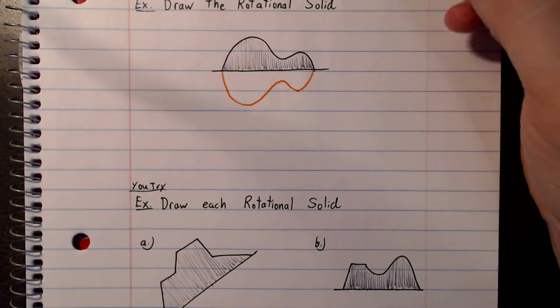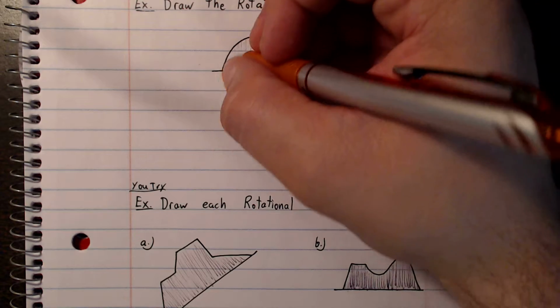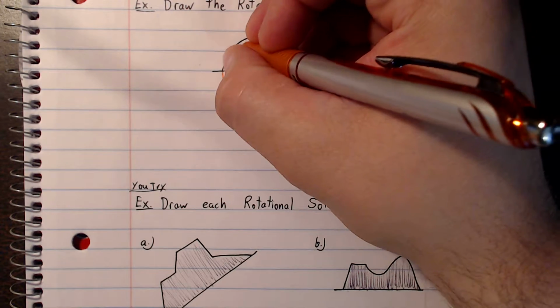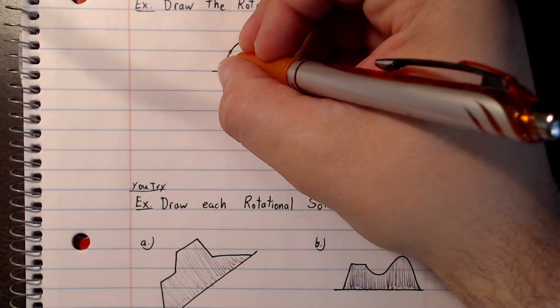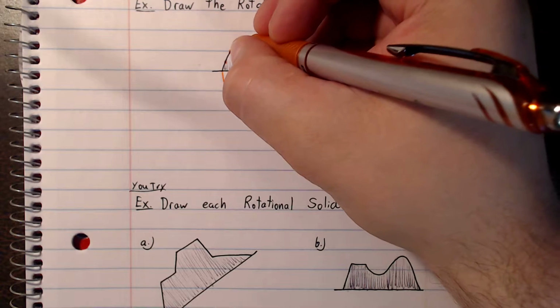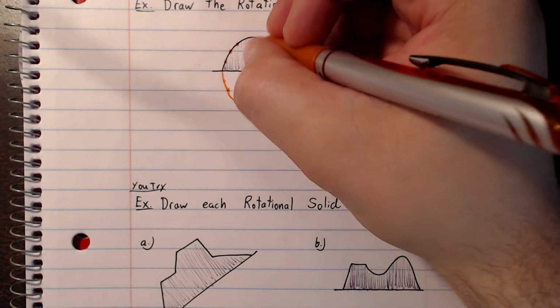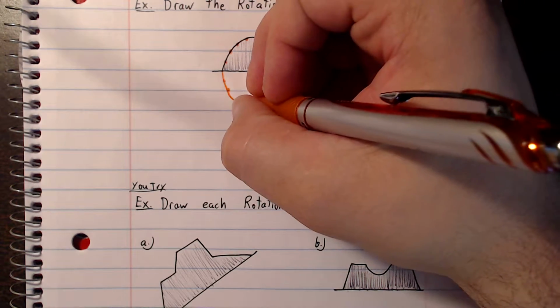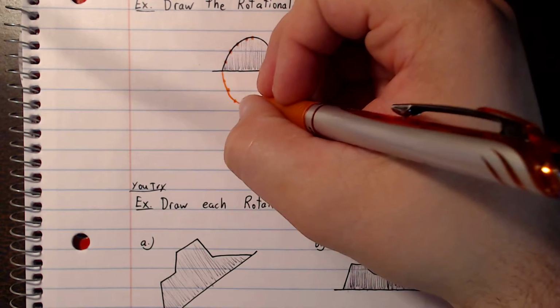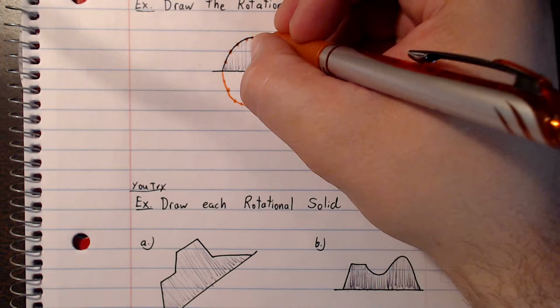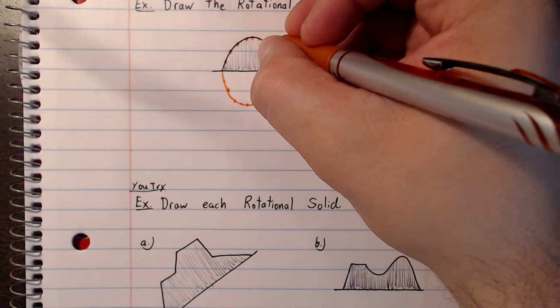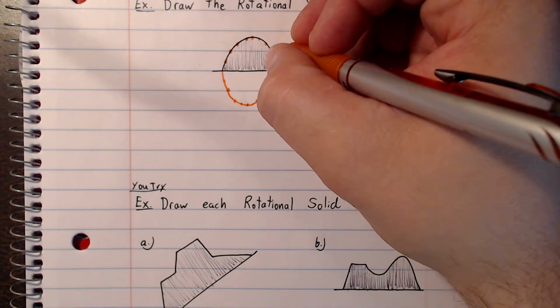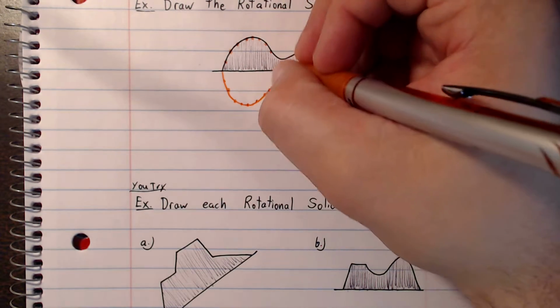Again, not perfect, but pretty close. Okay, I have some critical points. I can see those lining up. Maybe one here, a couple here, the very tippity top. And again, the more that you put, the more accurate this will look.